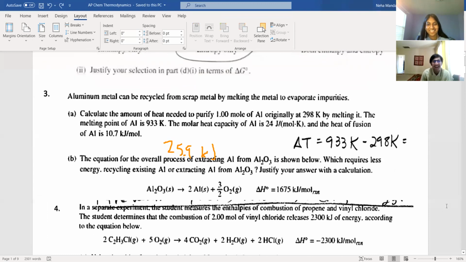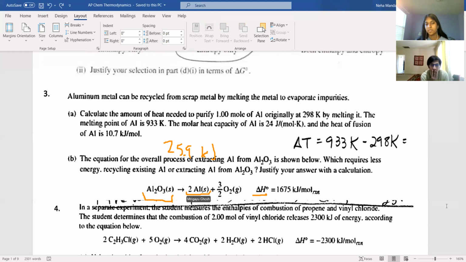Okay, so we're trying to extract aluminum from Al2O3 over here. And the standard enthalpy of this reaction is 1675 kilojoules per mole of reaction, right? Mm-hmm. So per mole of reaction, we get this much. Now, this is going to give you 2 moles of aluminum, right?